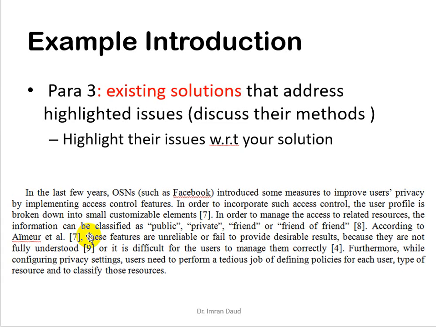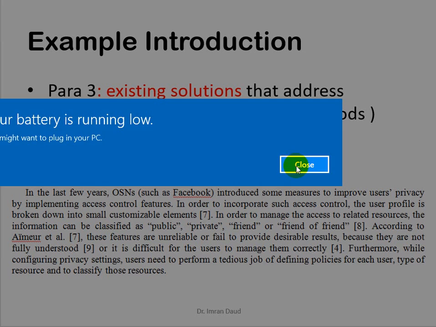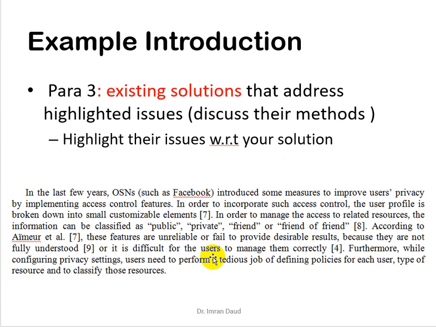So you just write about a few of the authors and their contributions, and you talk about them with respect to your given solution, because not all of the solutions can be related to your problem or your solution. You talk about their contributions, which may not be related to your proposal, right?